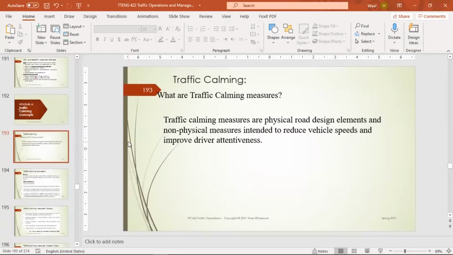That means it's both, as you can see here in the definition. Of course, the objective will be to improve safety.